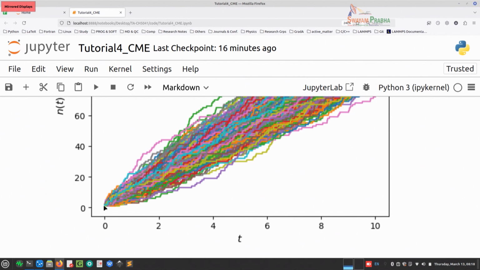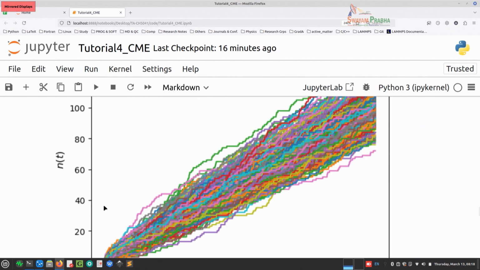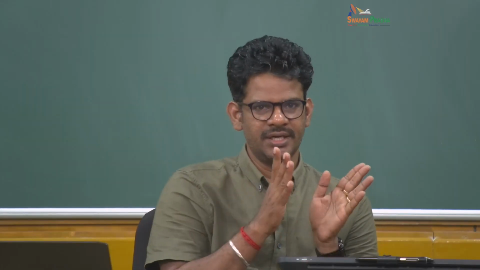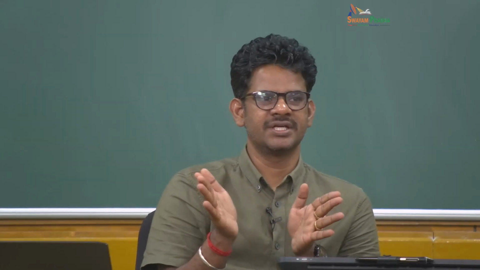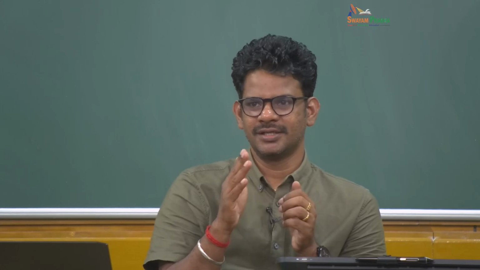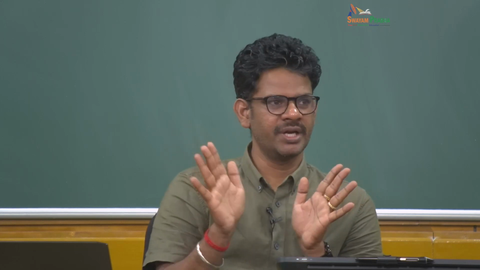Each curve here is one trajectory, okay, and you can see how much variation is happening, because it is a stochastic process, okay. It has a particular probability distribution for each n. So now when you have this bunch of trajectories, you can go to any one time and find the mean and standard deviation, okay. So we are talking about two ideas. One idea is to take the chemical master equation, numerically discretize it, and you get the probability distribution function with which you can get the mean and standard deviation.